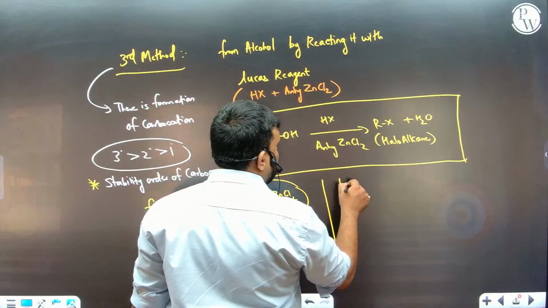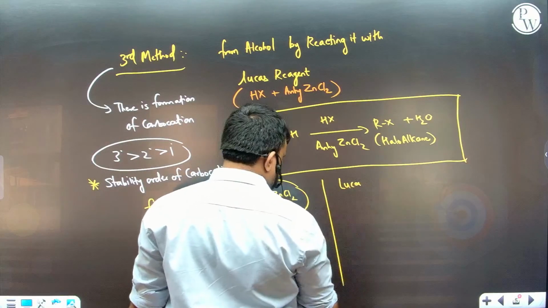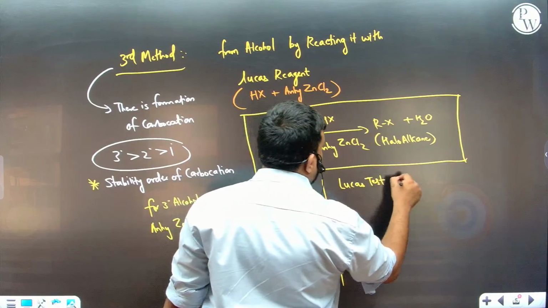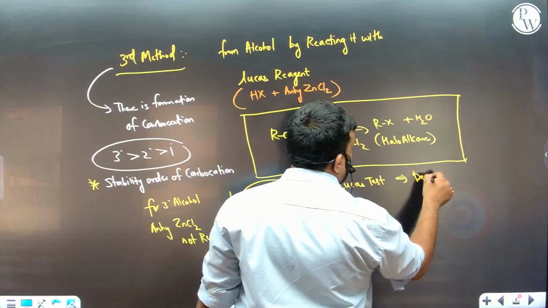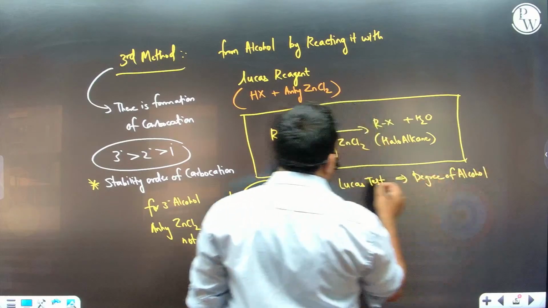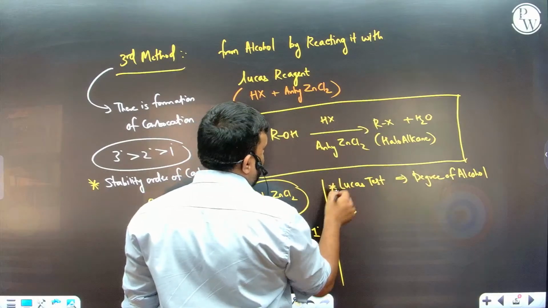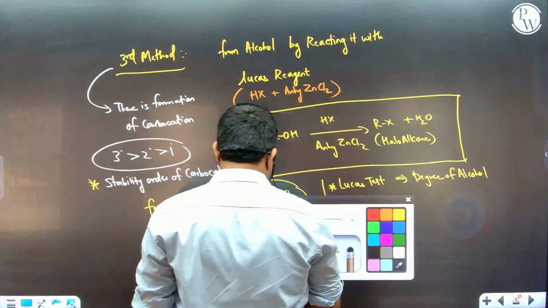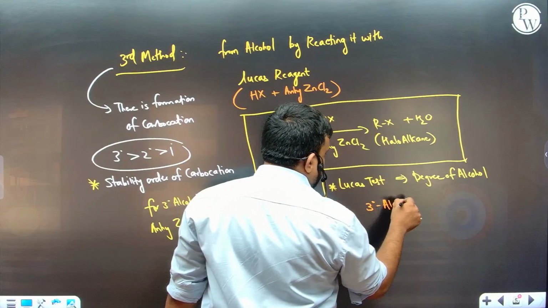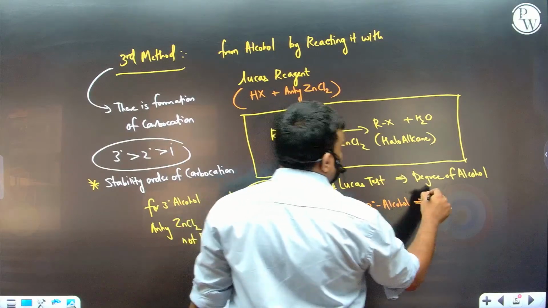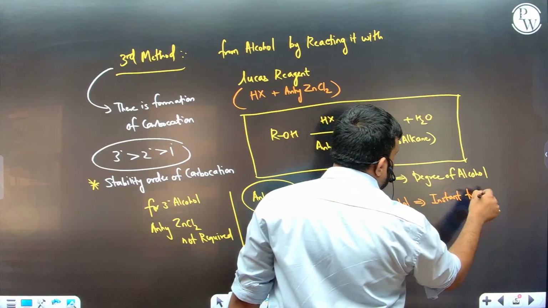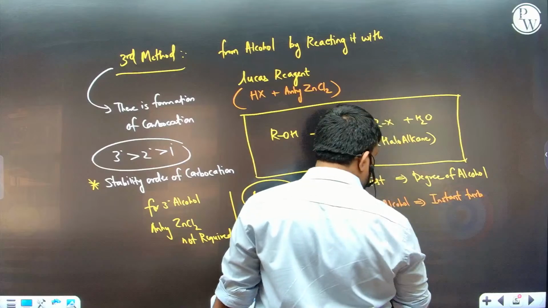In Lucas test what will happen? The Lucas test is for determining the degree of alcohol. In 3 degree alcohol, you will get instantaneous turbidity.